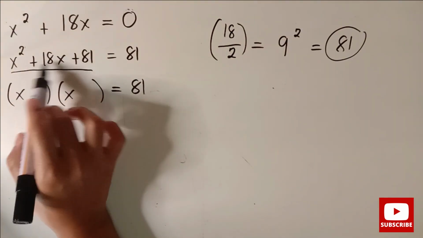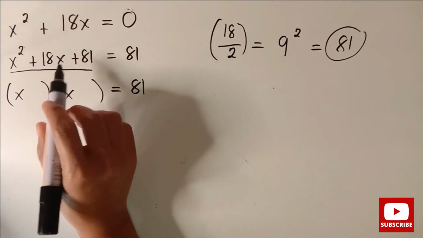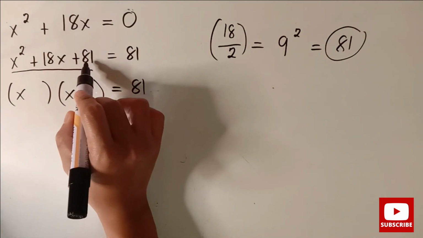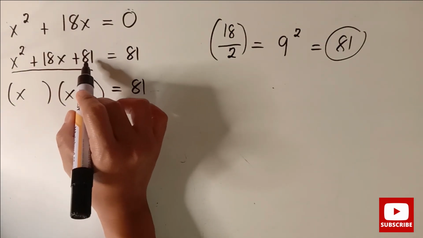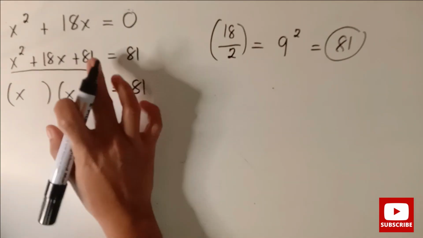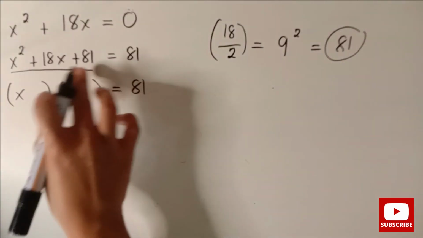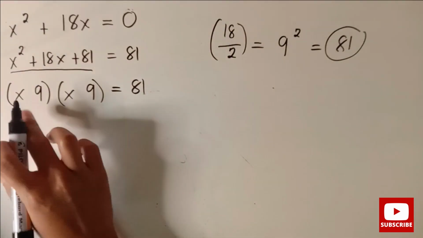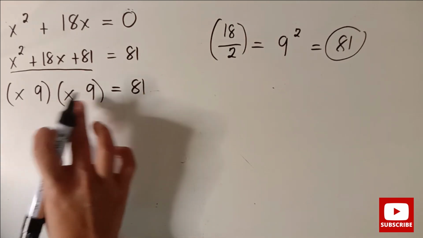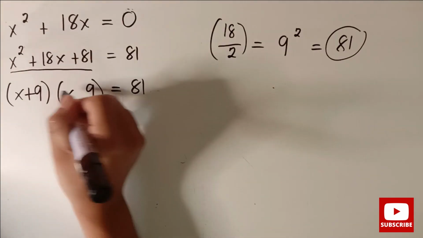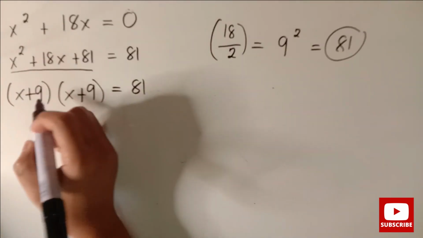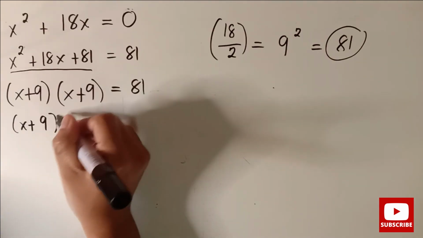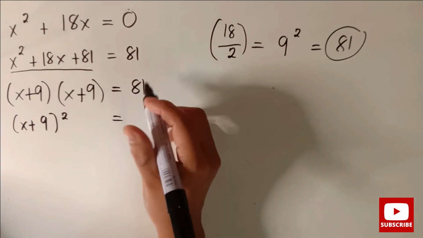Again, since they are all positive, this is very easy. So we are going to find the factors of 81 that added, can obtain 18. So in this case, we have 9 and 9. 9 times 9, 81. 9 plus 9, 18x. Gets? So we are going to write it in exponential form.